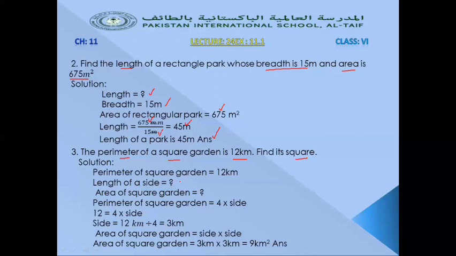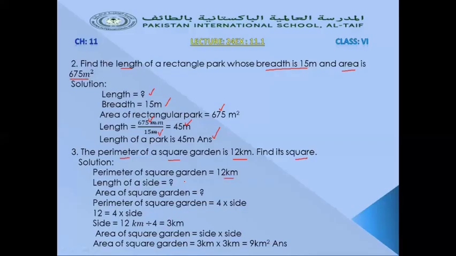Here perimeter is equal to 12 kilometers. The length of the side we can find from the perimeter formula.